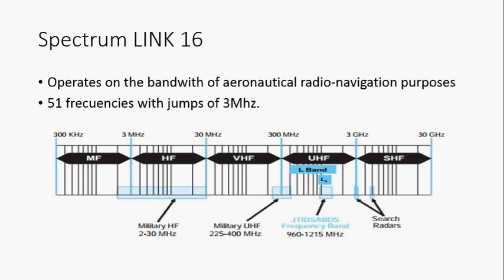So how does the system make that possible? Just to remind, the bandwidth is from 960 to 1215 megahertz, as we see in the picture. The system uses spaced jumps to locate itself on that bandwidth, with a jump of 3 megahertz.